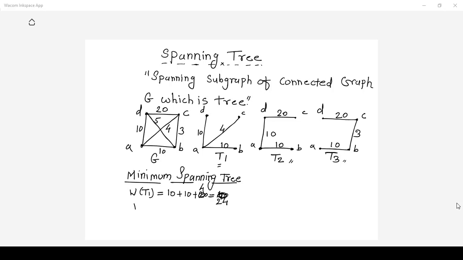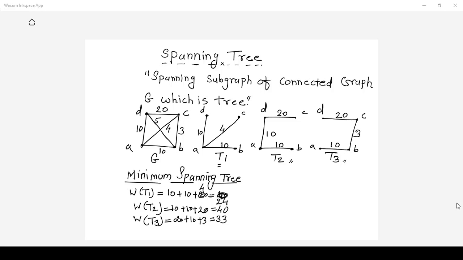Then the weight of T2 becomes 10 plus 10 plus 20, that is 40. And the weight of T3 becomes 20 plus 10 plus 3, that is 33.